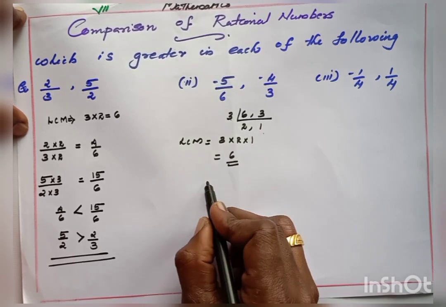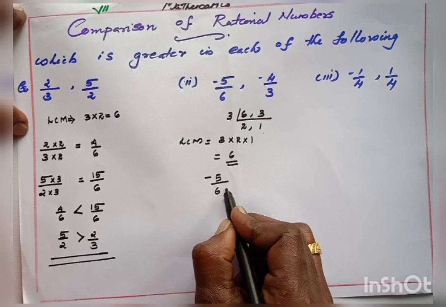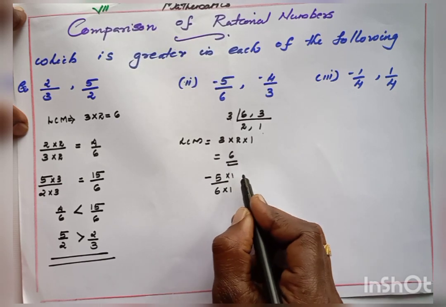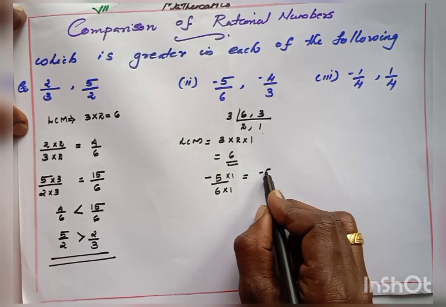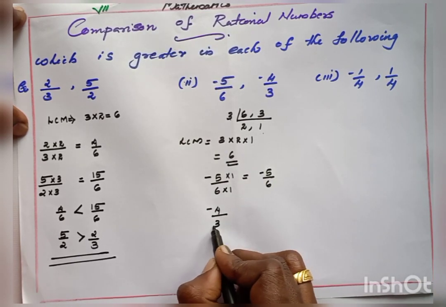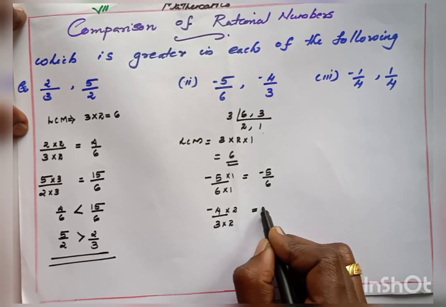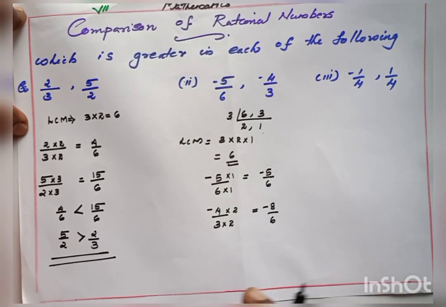Then minus 5 by 6 changes to LCM 6, multiplied by 1, so minus 5 by 6. Then minus 4 by 3: 3 changes into 6 by multiplying by 2, equal to minus 8 by 6.